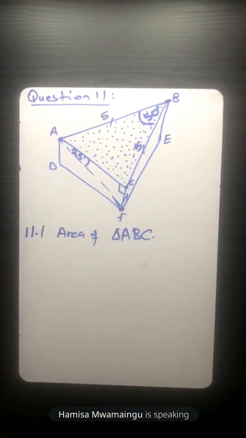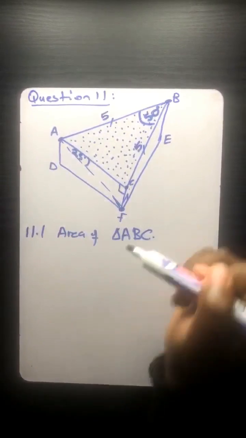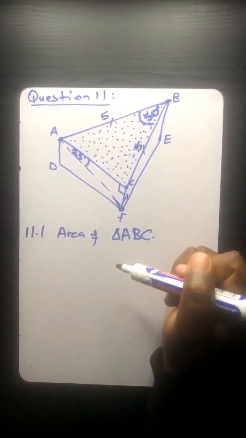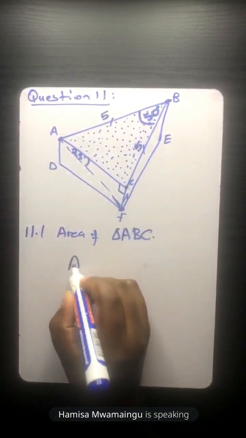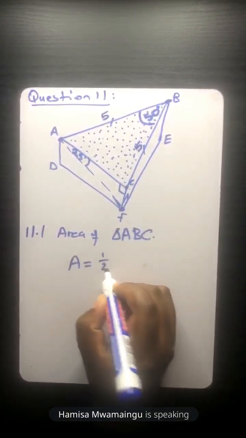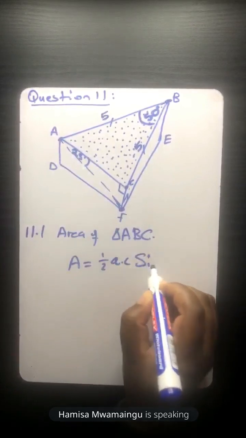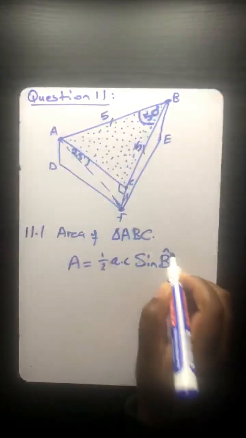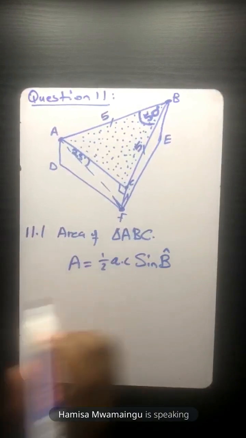Can I try? Yes, go for it, honorable member. We're going to use the formula area is equal to half a c sine B, sine angle B. For a, we are going to substitute 5.